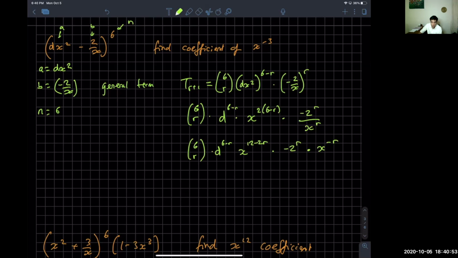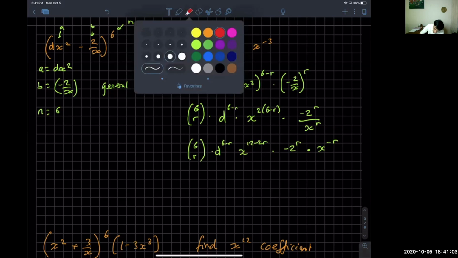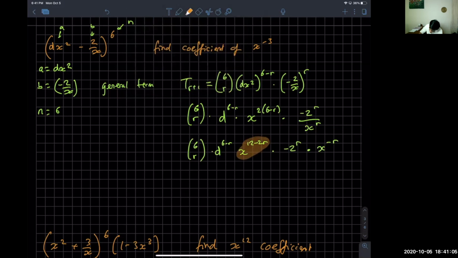Okay, so you will see how immediately, if I want to get the x to the power negative 3 term, I only care about this term here and this term here, right? I don't care about these other terms, because there's no x in them.